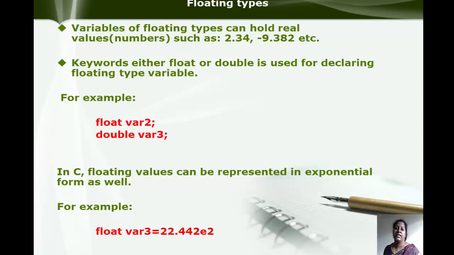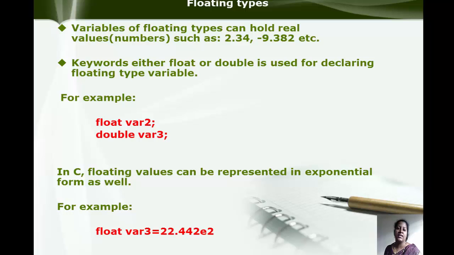A floating point data type is used to store a decimal number. A decimal number will have a fractional part. For example, 2.34, minus 9.382, and 2.004 are decimal numbers.